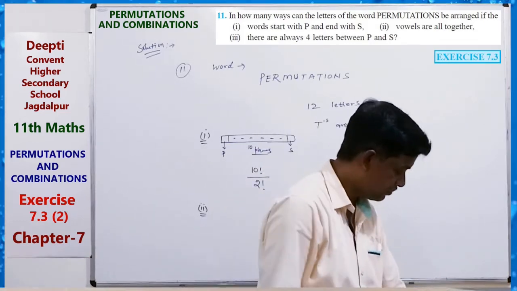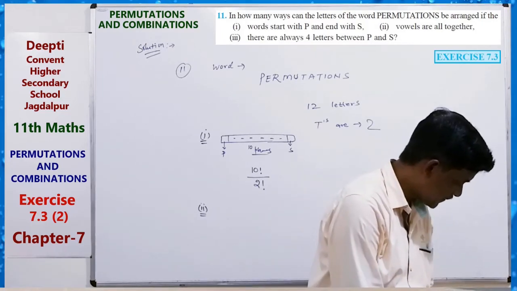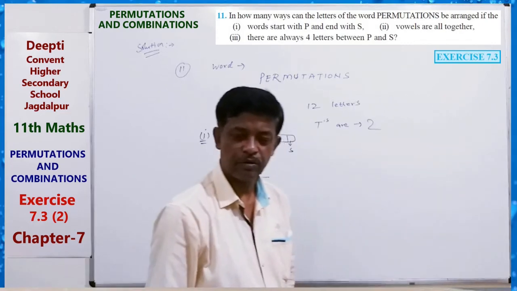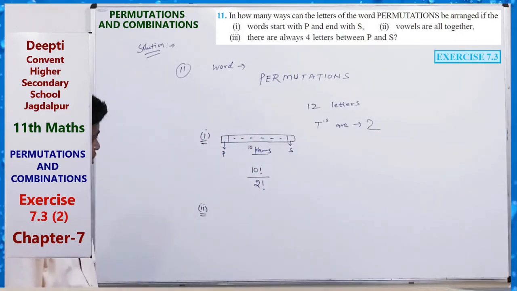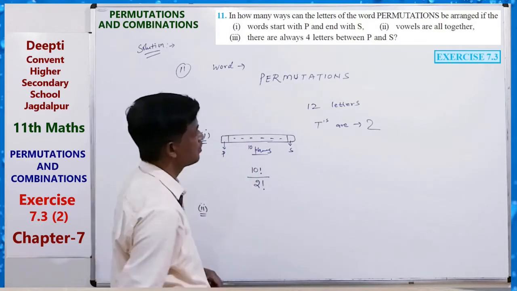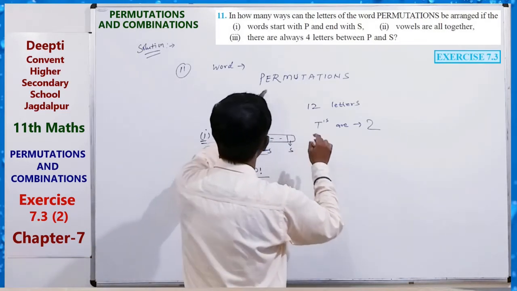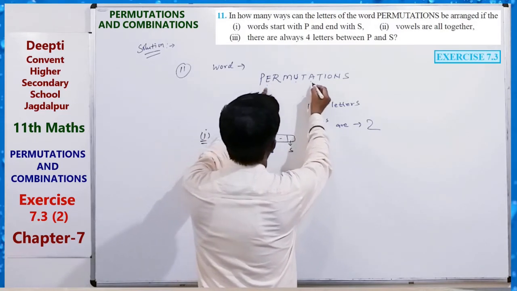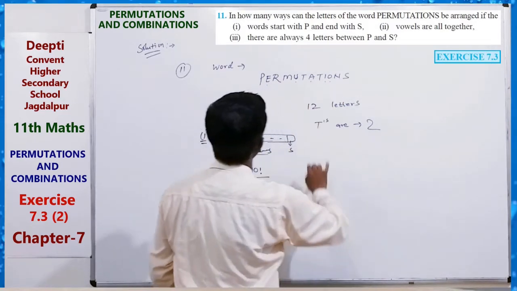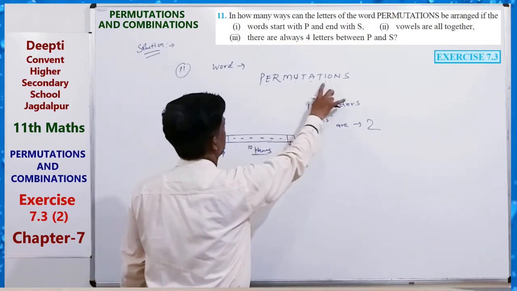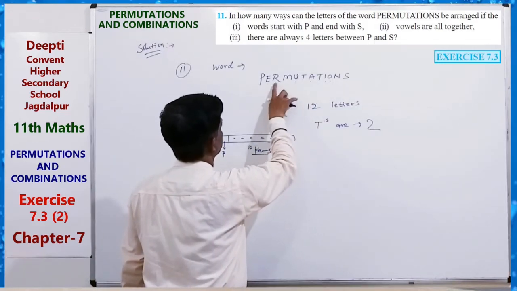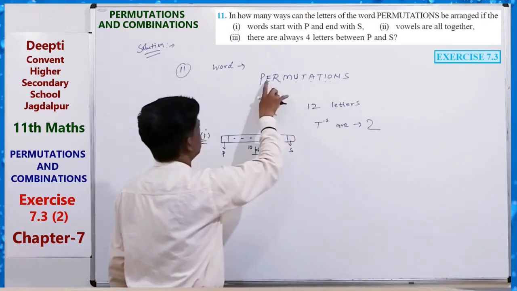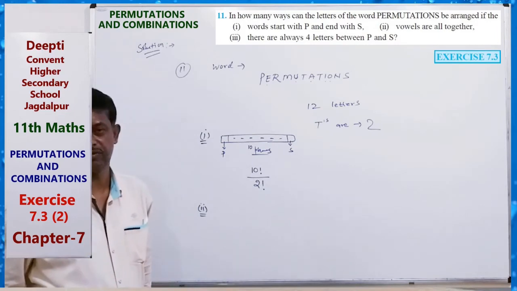The second is given: vowels are all together. So how many vowels are there? A, E, I, O, U. There are 5 vowels.